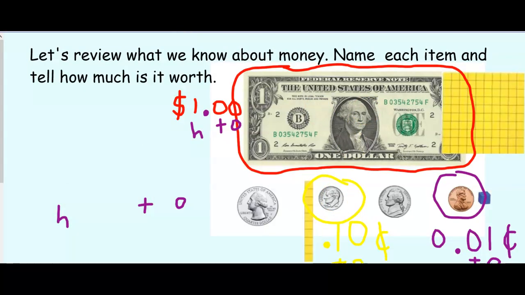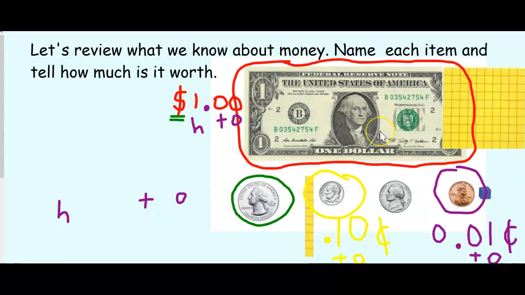Let's move on, boys and girls. Can you tell me what the name of this coin is? Yes, this is called a quarter. Can you remember how much a quarter is worth? That's right. A quarter is worth 25 cents.